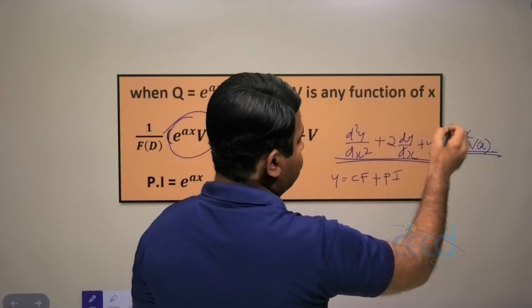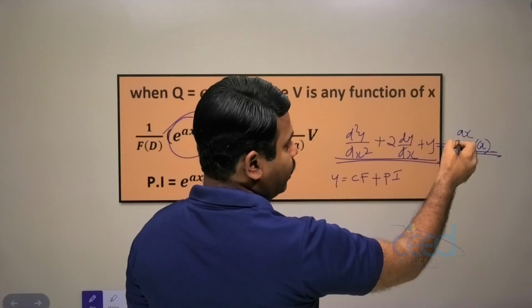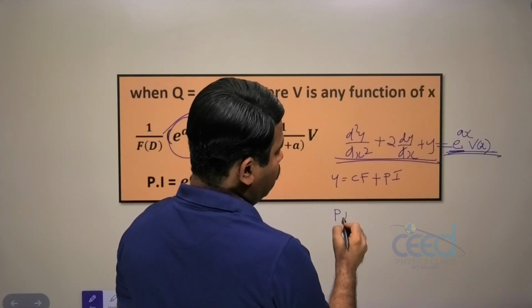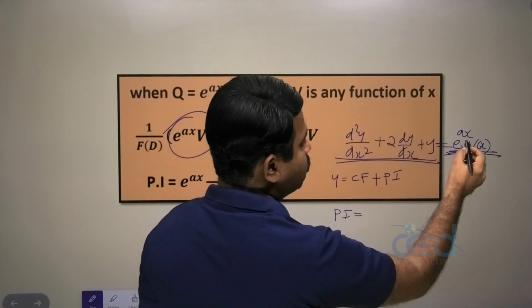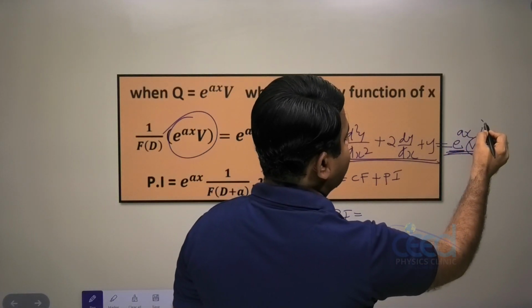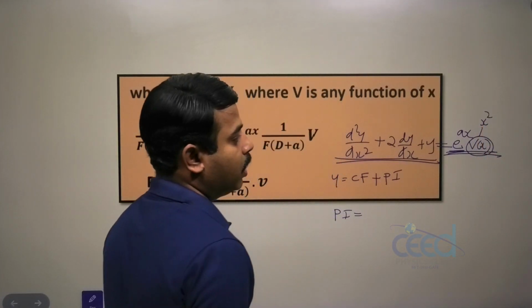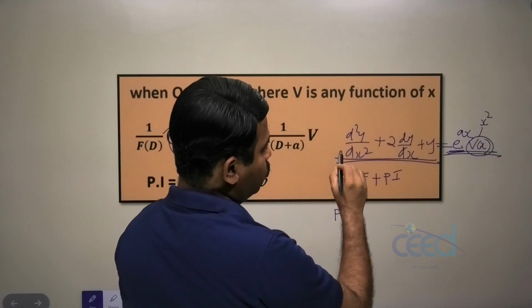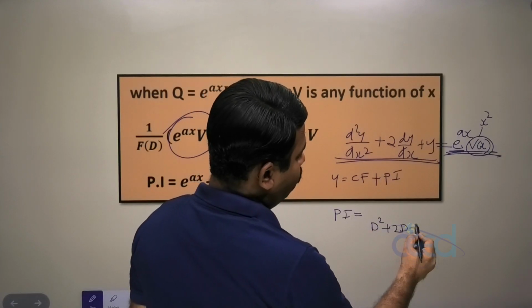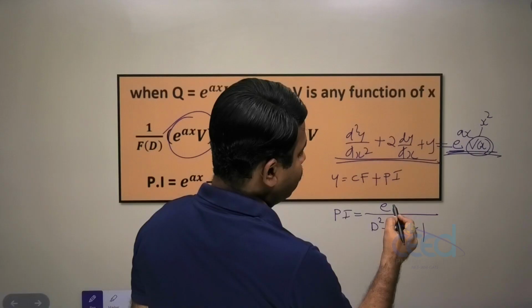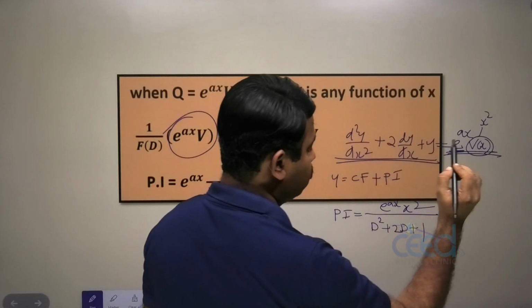To find the particular integral, we write this, suppose this v of x is some x square, then suppose this is d square plus 2d plus 1. Now we have e raised to ax times x square.